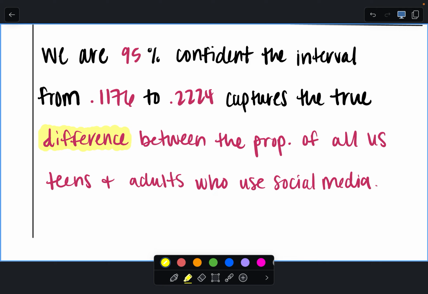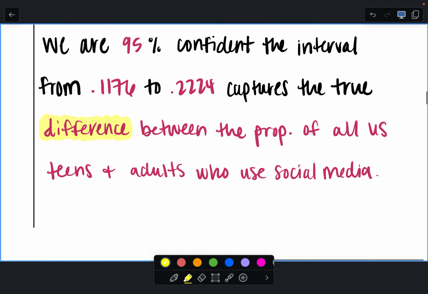If I wrote my sentence as it captures the true proportion of all U.S. teens and adults who use social media, that is kind of saying that you're combining them together. But we need to indicate that we did not combine them, we subtracted them from each other. So if they say difference, don't skip that word. Make sure that you have it in your conclusion somewhere, because you are calculating a difference interval. That is the whole process of what we are doing.